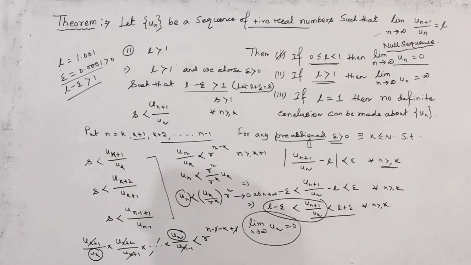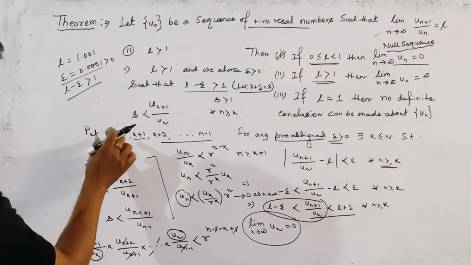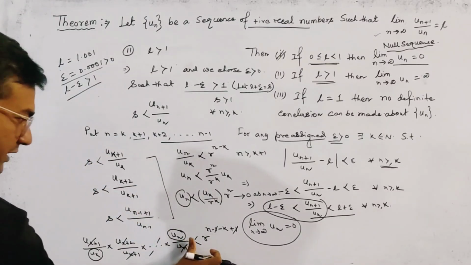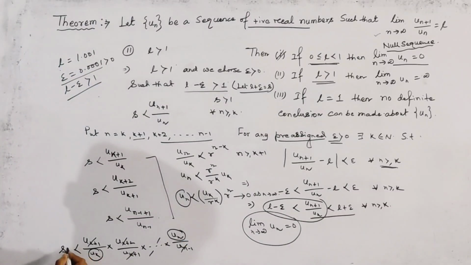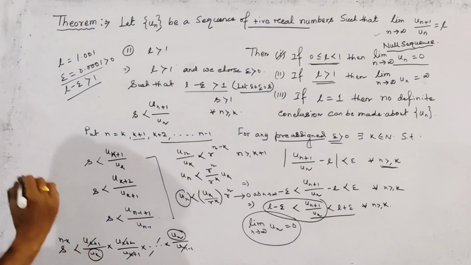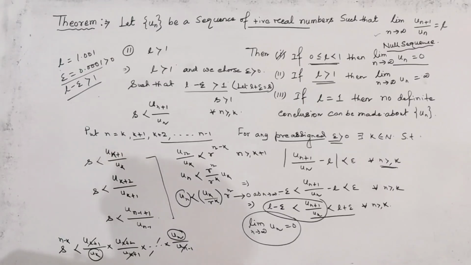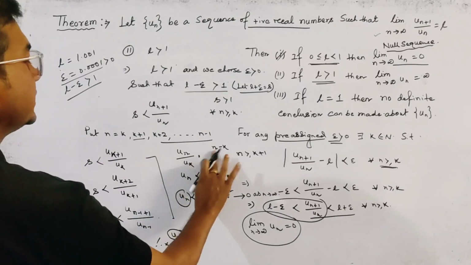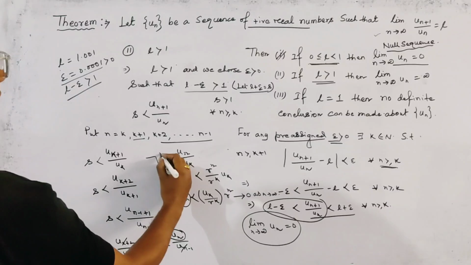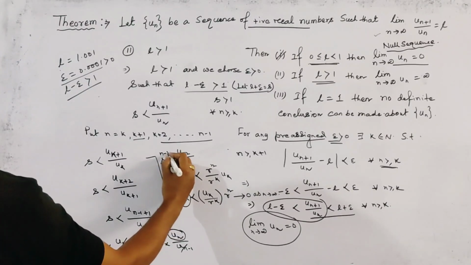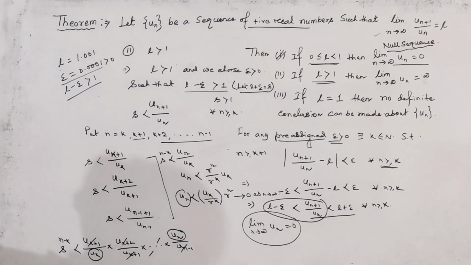And here if we multiply all the results vertically, then we get on the left side s to the power n minus k, right? And we get the result here, this is less than un by uk. Clear?